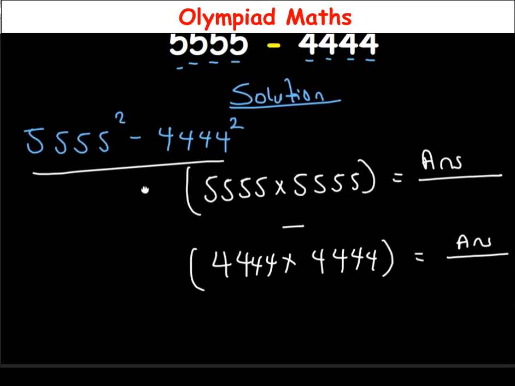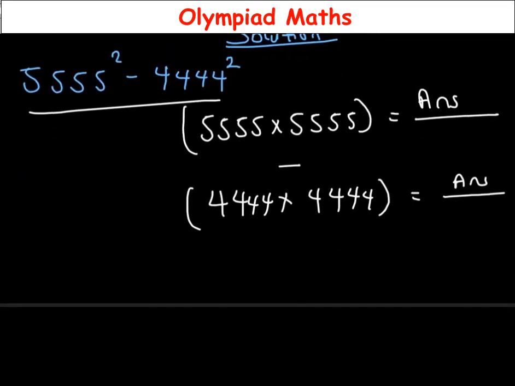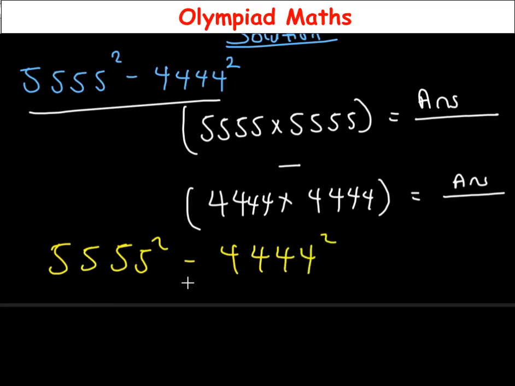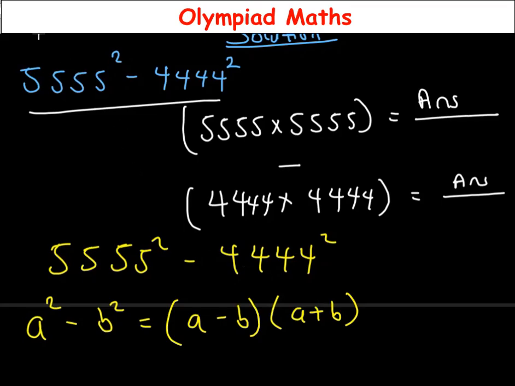Okay, so we have 5555 squared minus 4444 squared. Now looking at this, what we have is a difference of two squares, and if you have a difference of two squares, a squared minus b squared, this is equal to a minus b multiplied by a plus b. In this case the value of a is equal to 5555, while the value of b is equal to 4444.